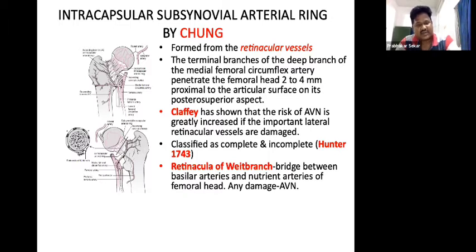That is the lateral vessel. Always think of lateral. That is very important for the blood supply. And one more thing is the retinacular vessel of Weitbrecht. It is nothing but a bridge between the basilar artery and the nutrient artery of the femoral head. So if that retinacular vessel of Weitbrecht is damaged, then 100% AVN.